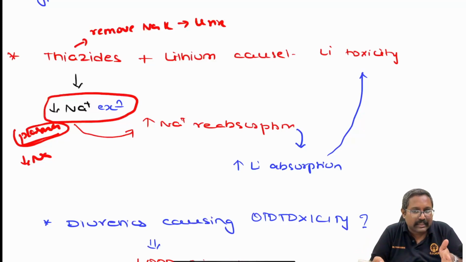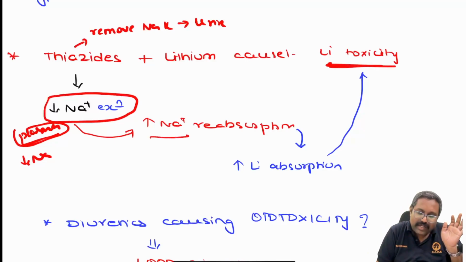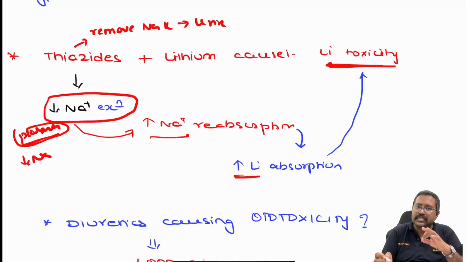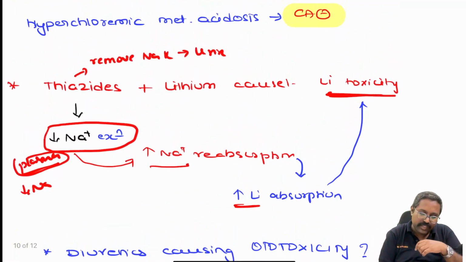Since sodium is not there and lithium is behaving as sodium, lithium will be absorbed in place of the sodium, and causes lithium toxicity. So this combination is to be avoided.